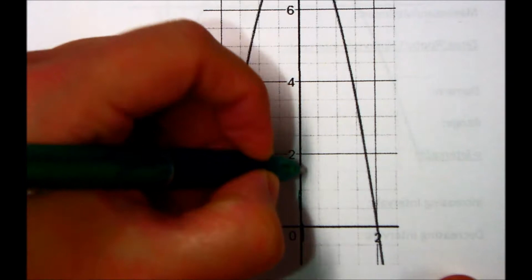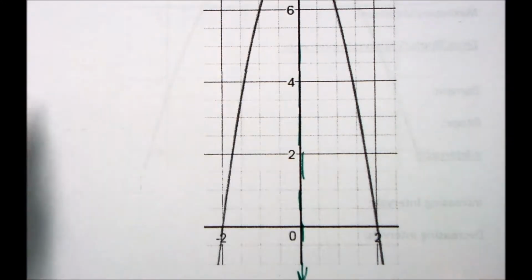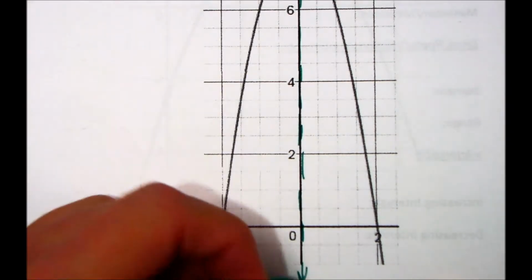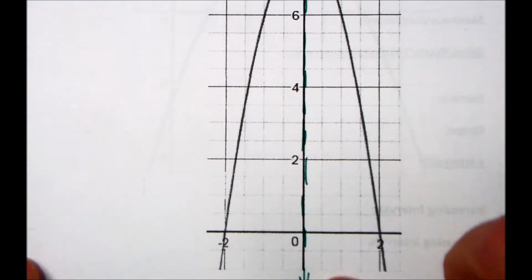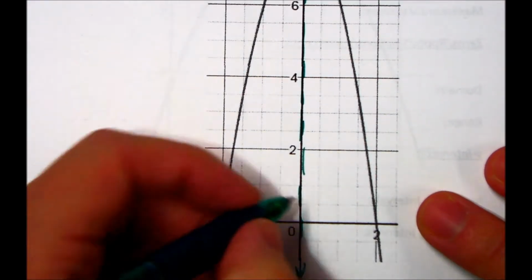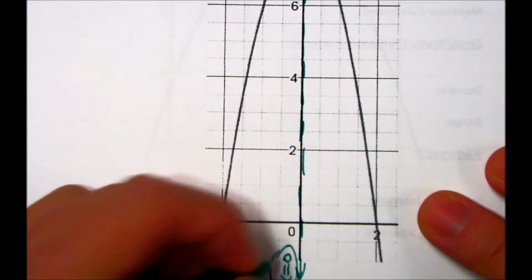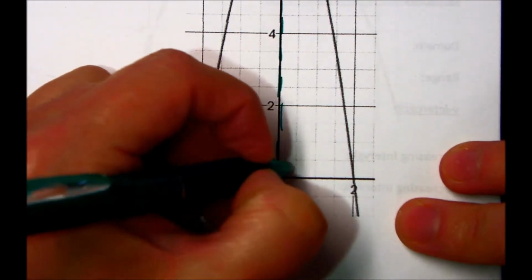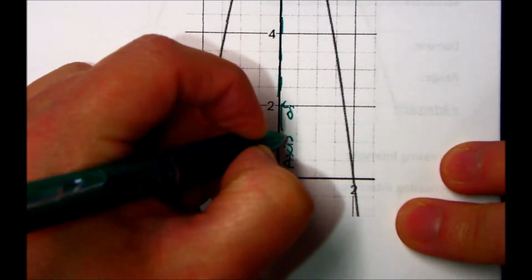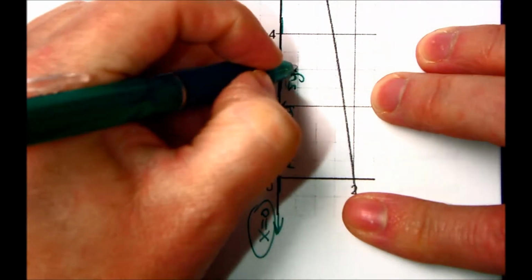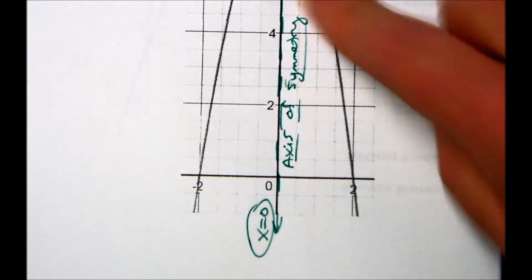The axis of symmetry, which goes through the vertex, is a little harder to see here because it's the same as the y-axis. So the axis of symmetry is the line x equals 0. We can see that from the graph.